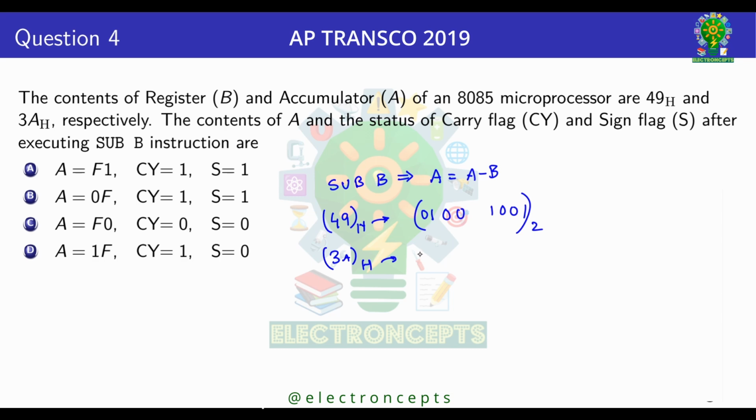Similarly, 3A in binary form can be written as 0, 0, 1, 1, 1, 0, 1, 0. The value of 49 in hexadecimal in decimal format is 73. And similarly, 3A in hexadecimal converted to decimal value gives 58.